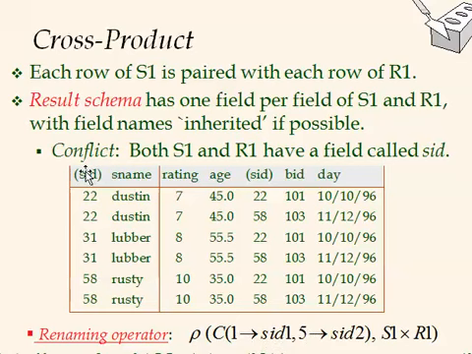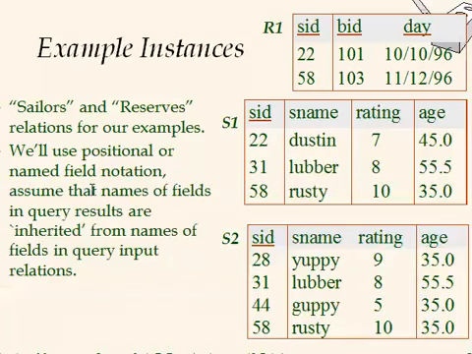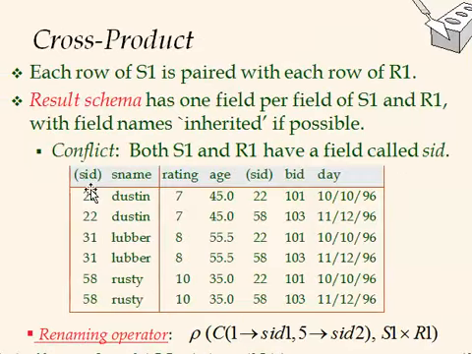Or we can just put the names of the tables. One of the SIDs is coming from table S1, and the other is coming from R1. So we can do S1.SID and then R1.SID, and that will also solve the conflict.